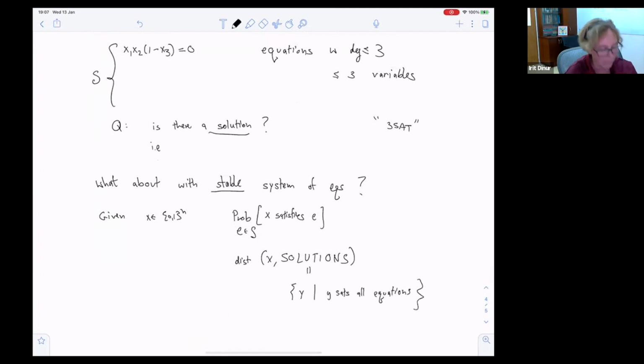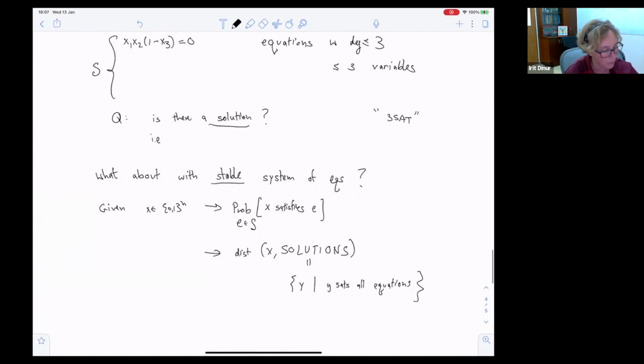So it's completely analogous to the situation we had before with the code. The set of solutions was our code. The set of equations were the dual constraints, and we measured how many bits you need to change to get to the solution. This is this measure. And we also measured the fraction of equations you falsify. So we say that the system of equations is stable if whenever measure 1 is small, measure 2 is small.